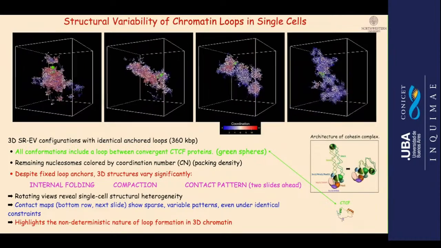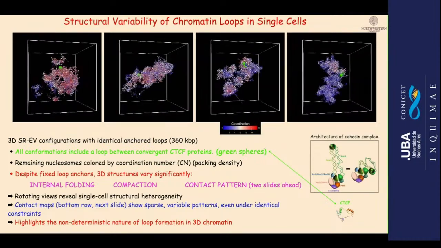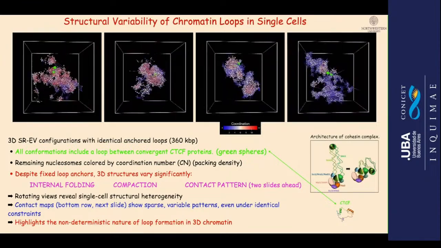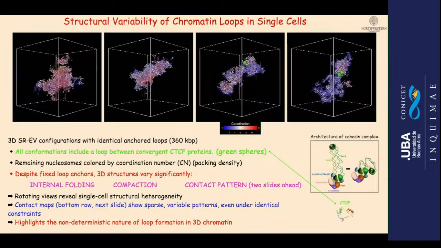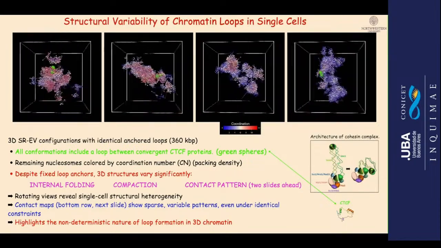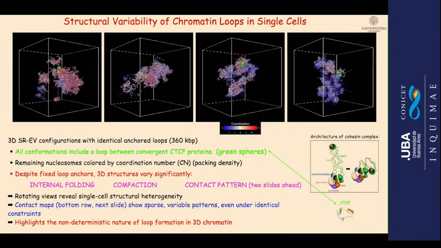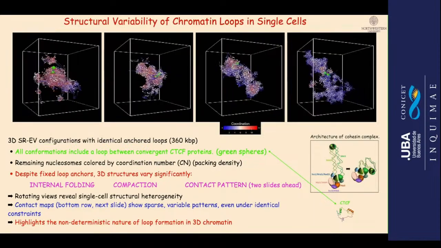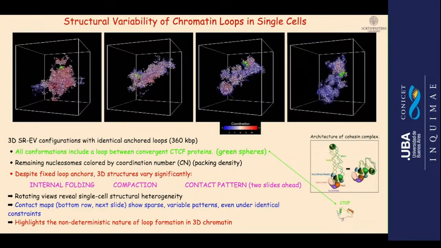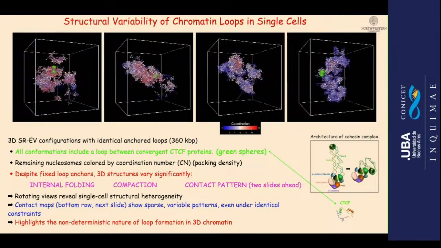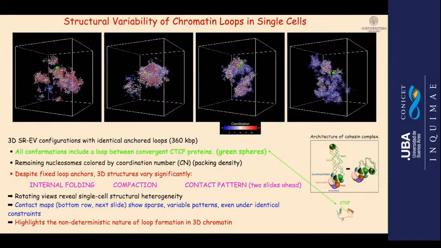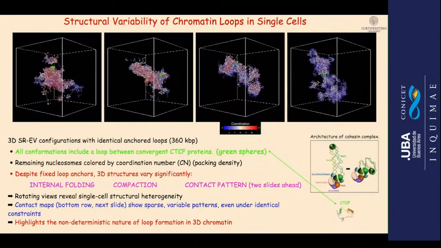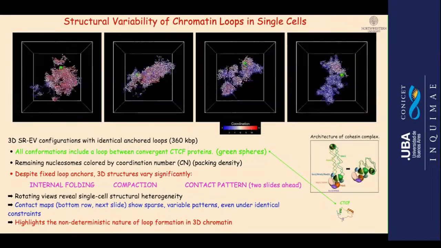coordinates defined by the same pairs of convergent CTCF protein sites. Cohesin proteins overlap with CTCF proteins in this case.